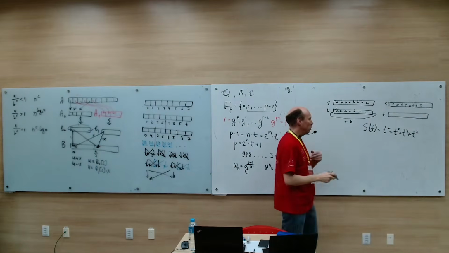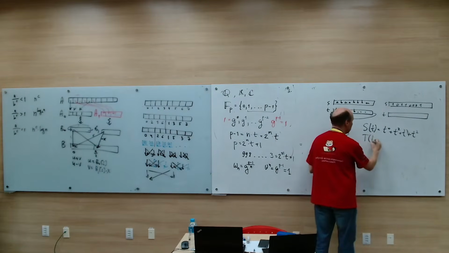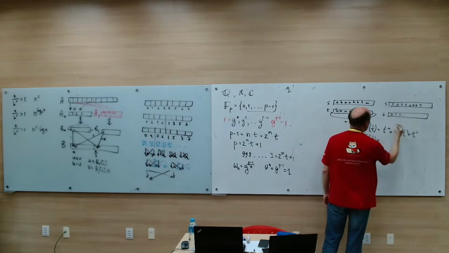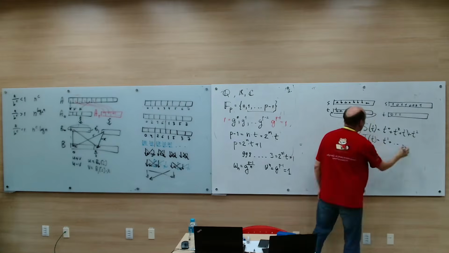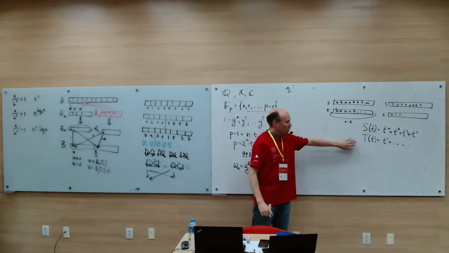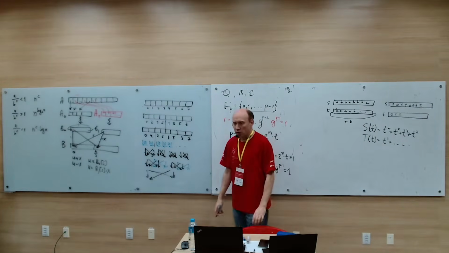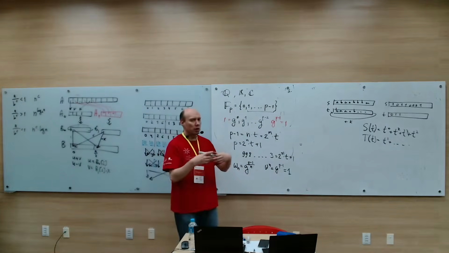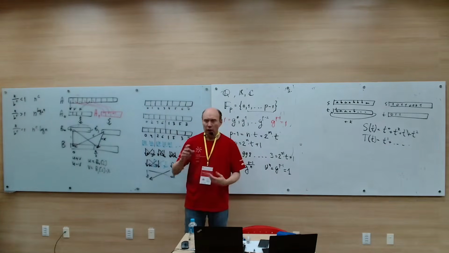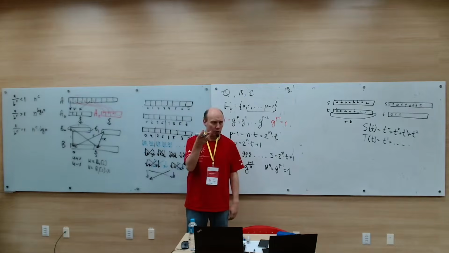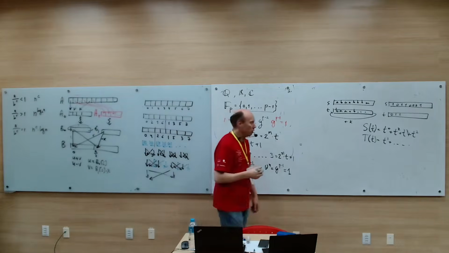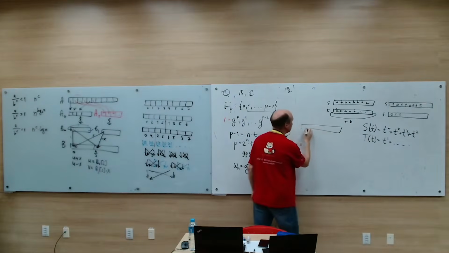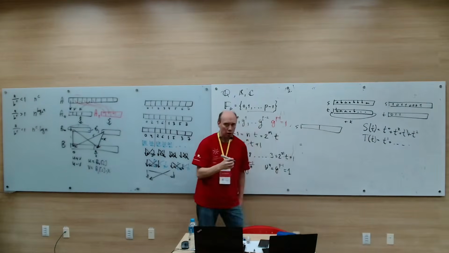Same thing for the second array, T. If we shift T by k, it is the same as multiplying T by t to the power k, but we have a circular shift. To adjust for the circular shift, let's duplicate S. We make S twice as long.